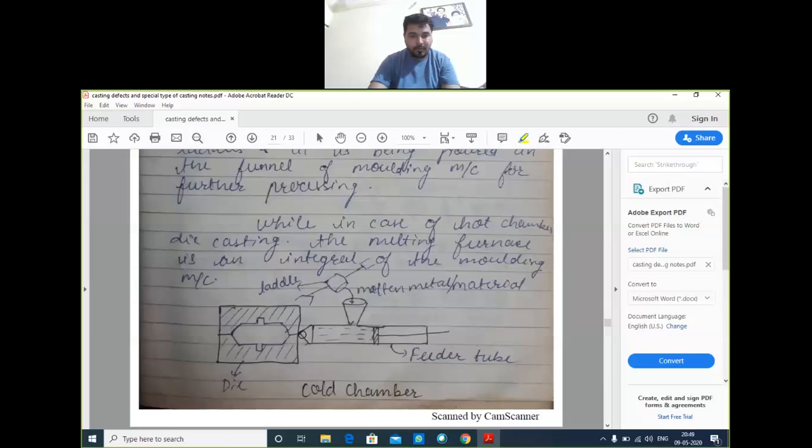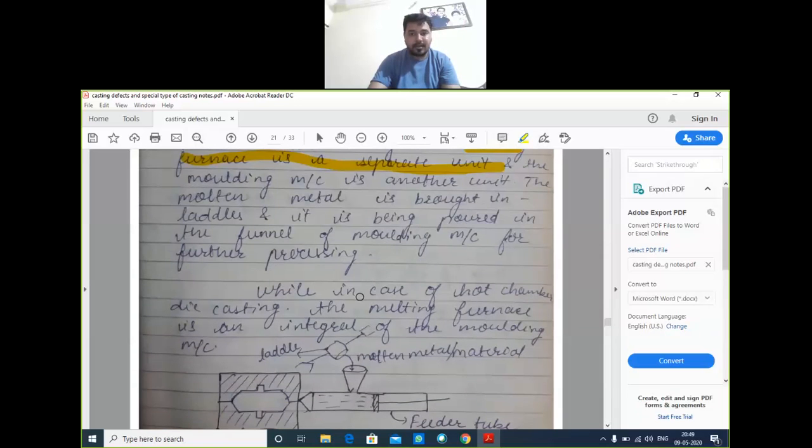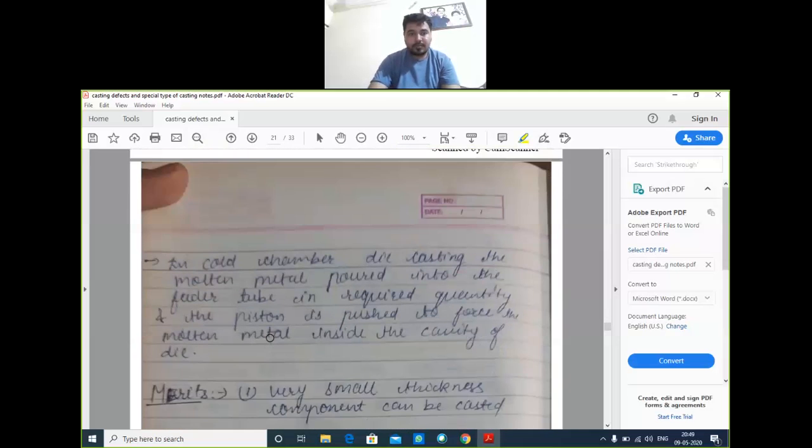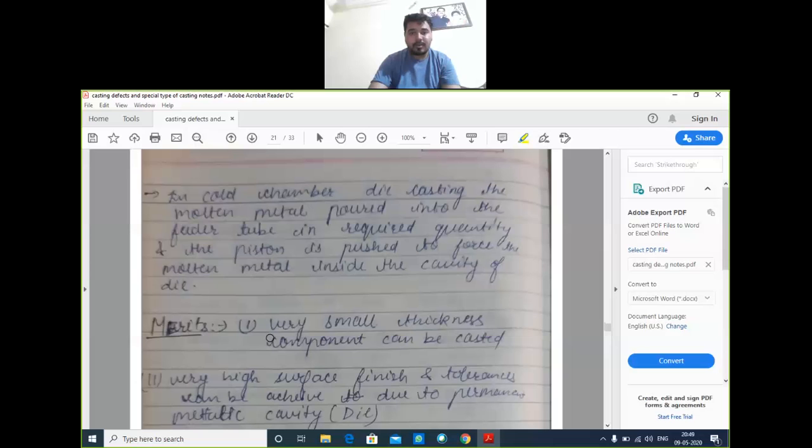The nozzle opens, and the molten metal goes into the die chamber. After solidification in the die, we get the final product. While in hot chamber die casting, the melting furnace is integrated with the molding machine. In cold chamber die casting, the molten metal is poured into the feeder tube in the required quantity, and the piston is pushed to force the molten metal into the cavity of the die.